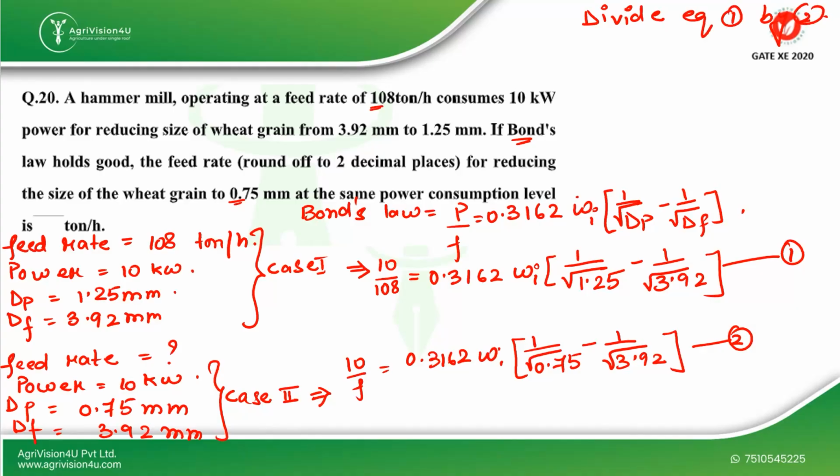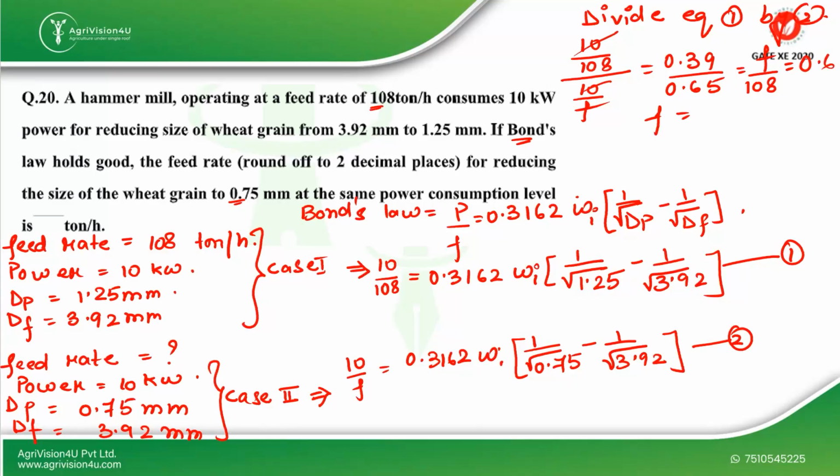So what we'll get? 10 by 108 over 10 by F. So this gets cancelled, which equals 0.39 by 0.65, or F equals, this we first have to calculate. This is 0.6. So just put the value, we'll get 64.8. So F, the feed rate, will be 64.8.